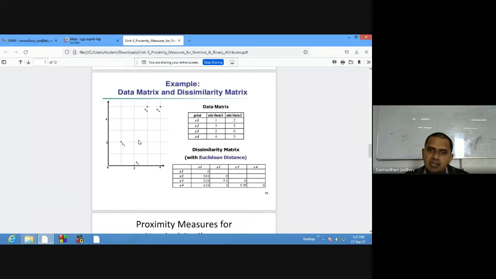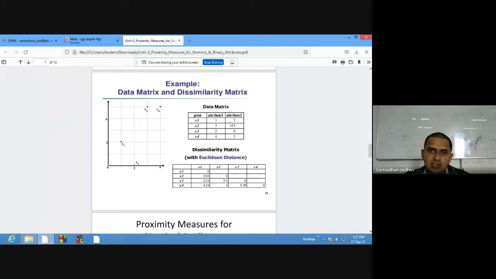So see here x1, x2, they are given, and we have object 1 values as 1, 2, for object 2 it is 3, 5. So suppose this is x1, y1, this is x2, y2. So how to find the Euclidean distance? x2 minus x1 squared plus y2 minus y1 squared, and then its square root, right?